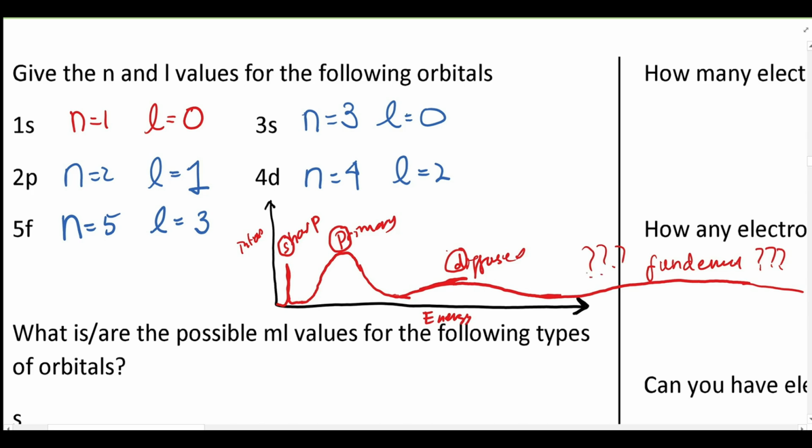And they realize this thing is just going to keep going on and on beyond F. So let's just keep going from S, P, D, F, and after F, we're just going to go G, H. And I think beyond those, the energy is way too high, it's not very stable, so we don't really concern ourselves with those anymore. So hence the naming goes from S, P, D, F, then somehow it becomes alphabetical after F. That's just a little tidbit.